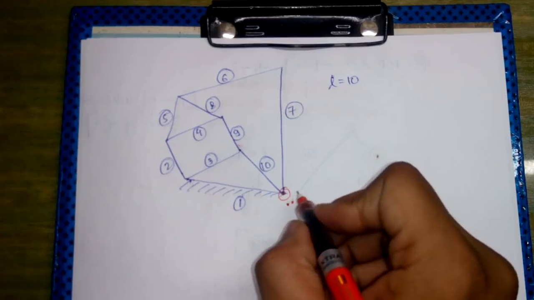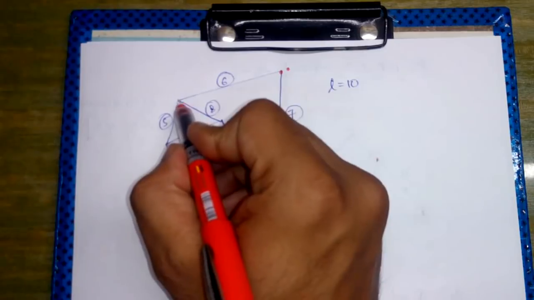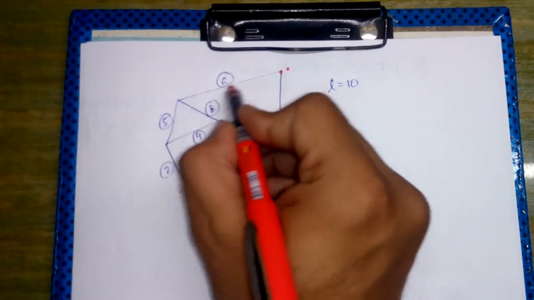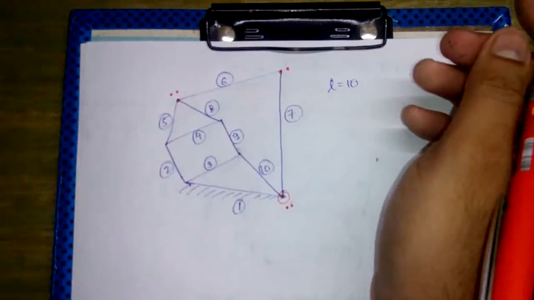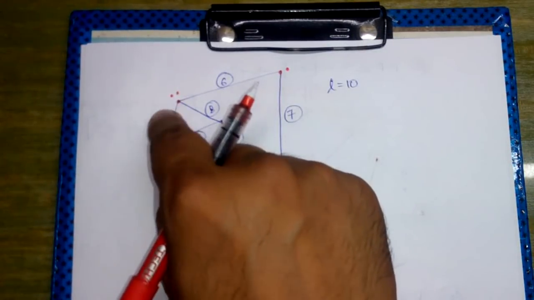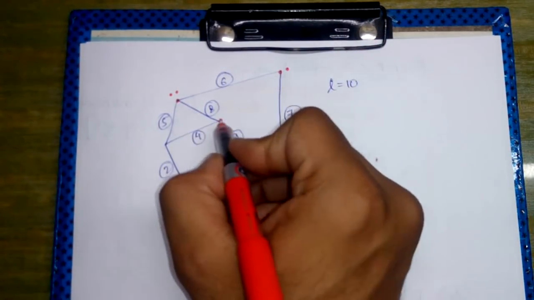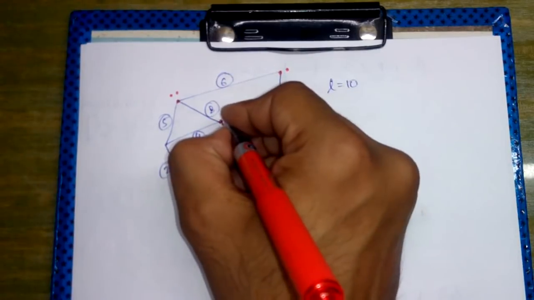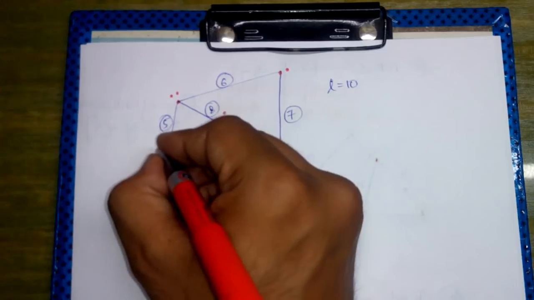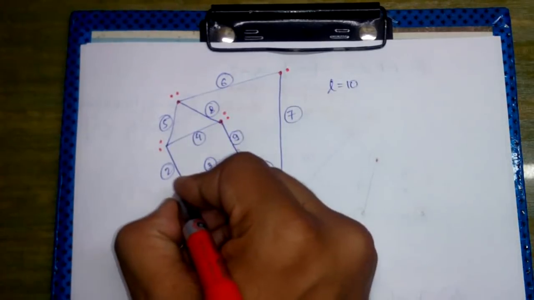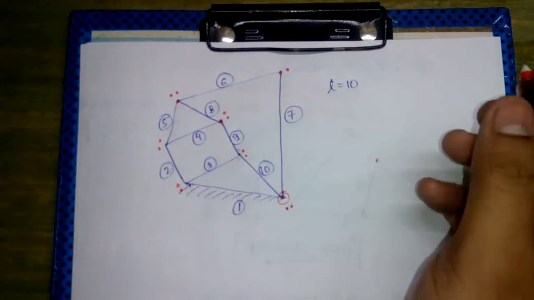Here there is only 1 binary joint. On this point 3 links are connected, so it is equivalent to 2 binary joints because this becomes a ternary joint. At this point also we have 3 links, so it also becomes 2 binary joints. Same is the case here, 2 binary joints, and this place also has 2 binary joints.